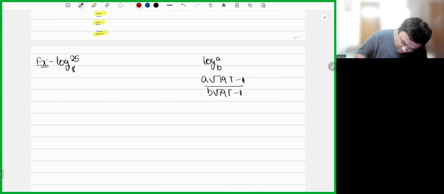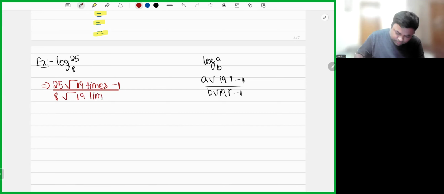So let's do it here: 25 root symbol 19 times minus 1, whole divided by 8 under root 19 times minus 1. If you are perfect in the calculator, you need not write it; you can directly do it in the calculator.